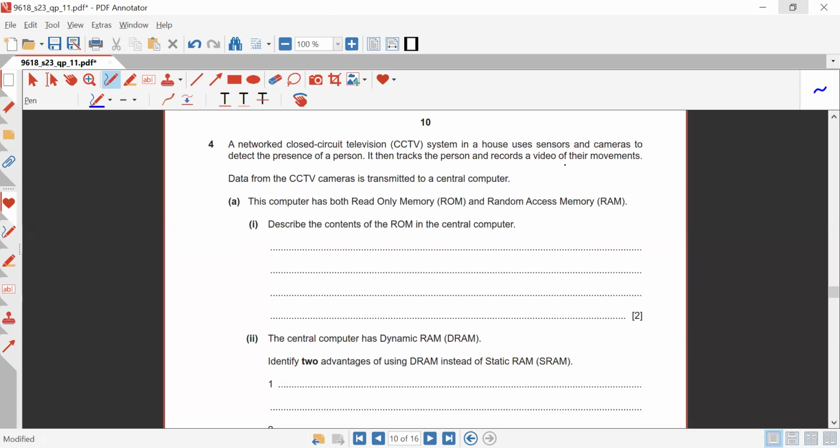Okay, so what will be there in the ROM? Obviously ROM is a permanent sort of memory, so it will be storing two major things: the BIOS, or you may say the boot up section of a system, as well as the kernel of an operating system. So you could write it down over here. ROM is permanent.